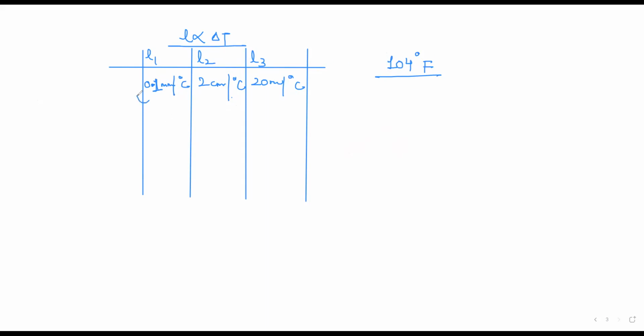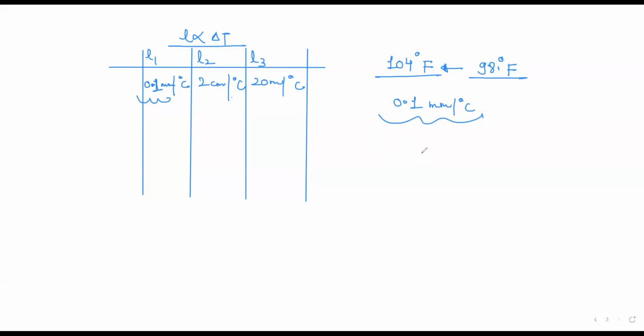So I took 0.1 mm. We are taking a 0.1 mm per degree Celsius change in length, from 98 degrees, for the sake of calculation, from 98 degrees Fahrenheit to 104 degrees Fahrenheit.